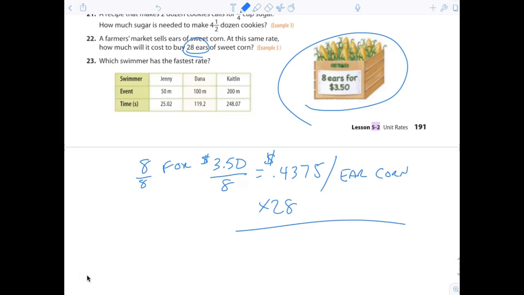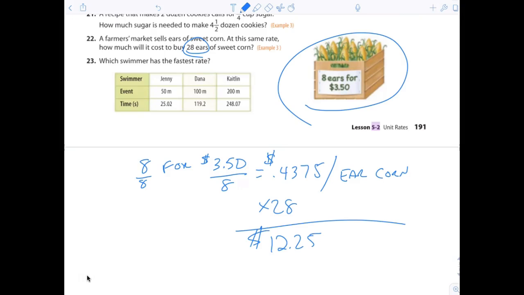Good. So now, what was 28 times 0.4375? How much? $12.25. Is that good? Thank you. Yes, now look. Bradley, you know how much I appreciate you, right? So again, there's other methods to this, 100%.